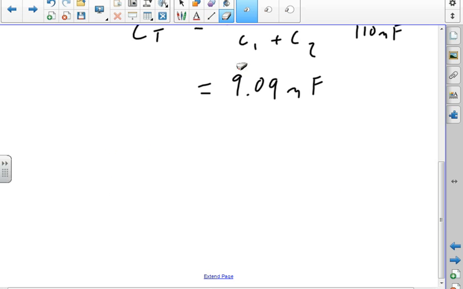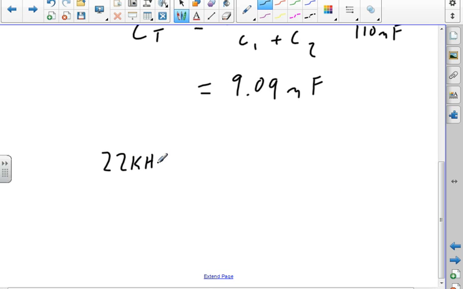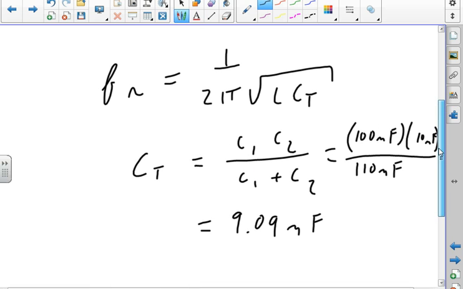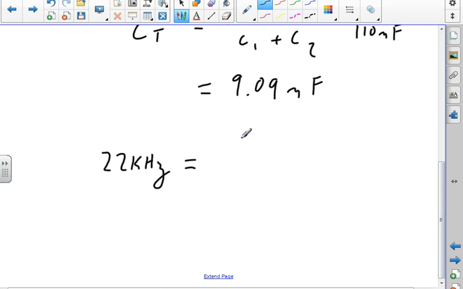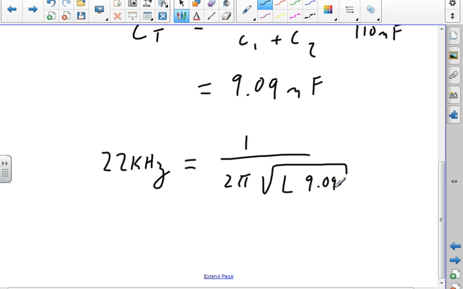The operating frequency we want is 22K. So 22K is equal to, that goes that way, right? 1 over 2 pi square root of L, 9.09 nanofarads.